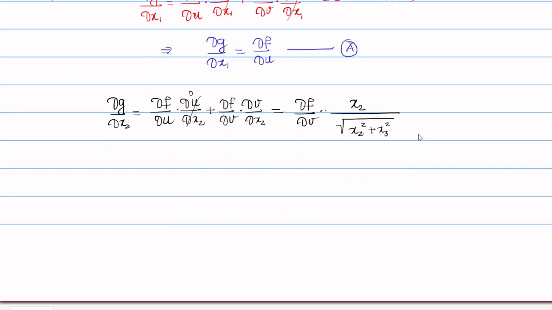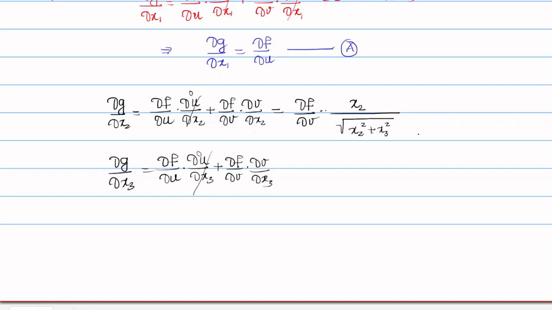Okay, similarly, dou g by dou x3 is equal to, as usual, dou f by dou u into dou u by dou x3 plus dou f by dou v into dou v by dou x3.